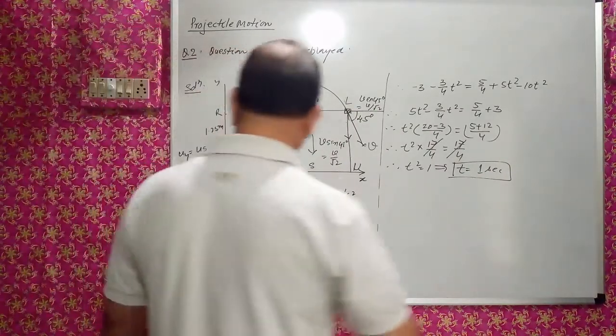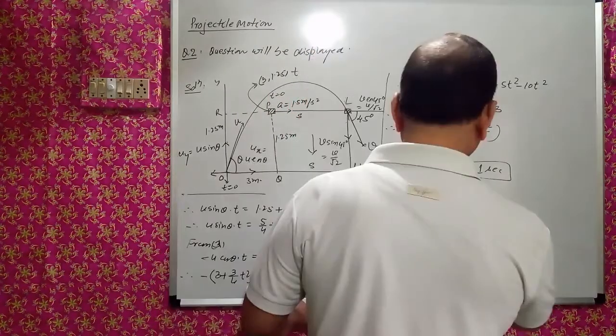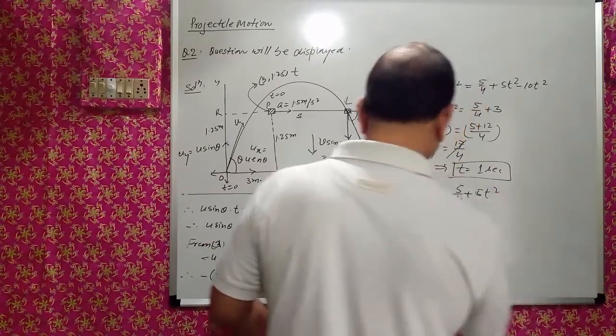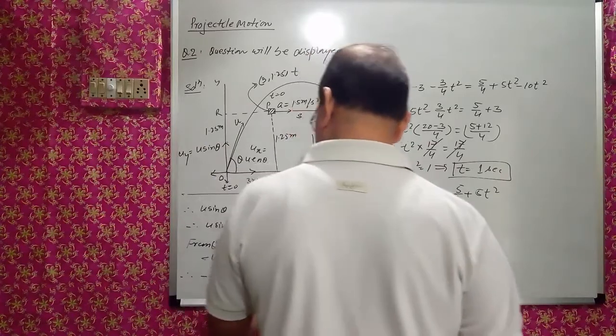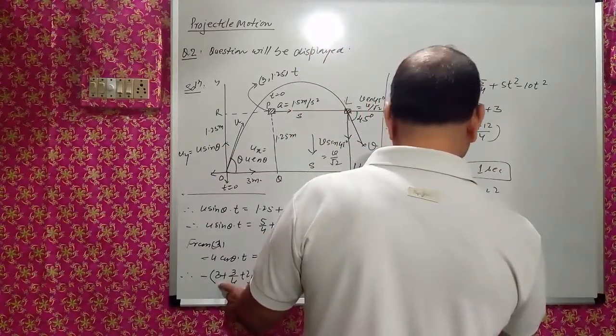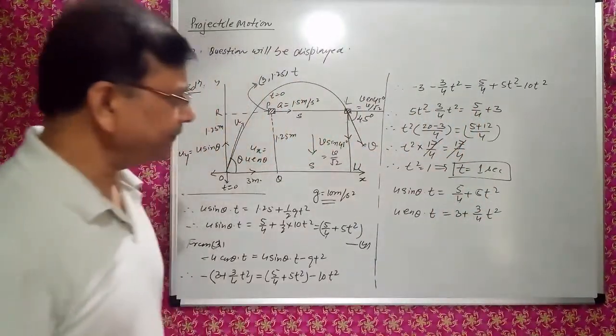We know that u sin theta into t is 5 by 4 plus 5t square, and u cos theta into t is equal to 3 plus 3 by 4 t square. Put the value of t as 1.